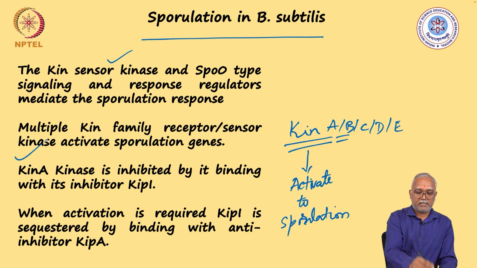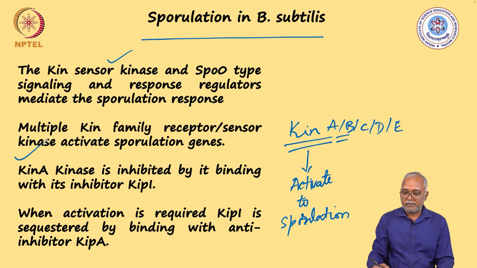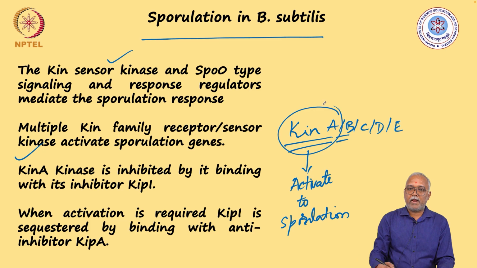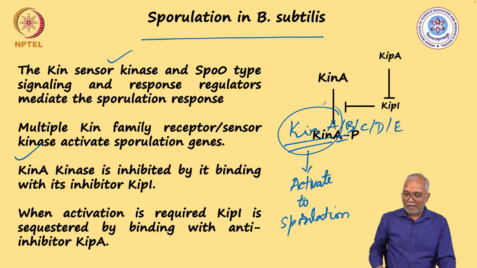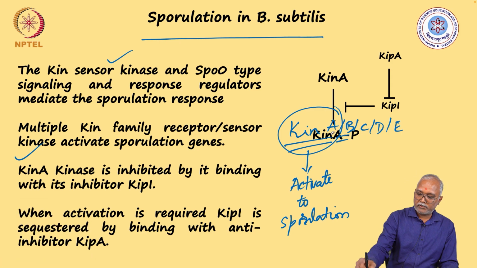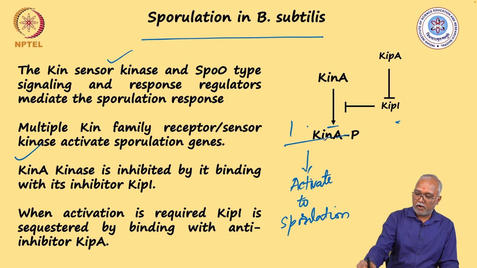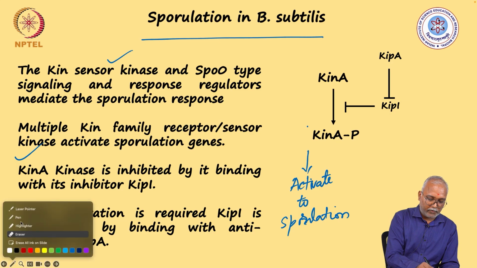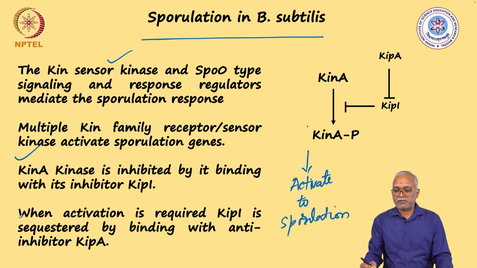As I said, they will be working towards activating the sporulation genes. The activity of KinA is regulated by one of the things which I discussed earlier, the presence of an inhibitor. So the Kin molecule here is normally the kinase which autoactivates itself in the presence of the right set of cues towards sporulation.